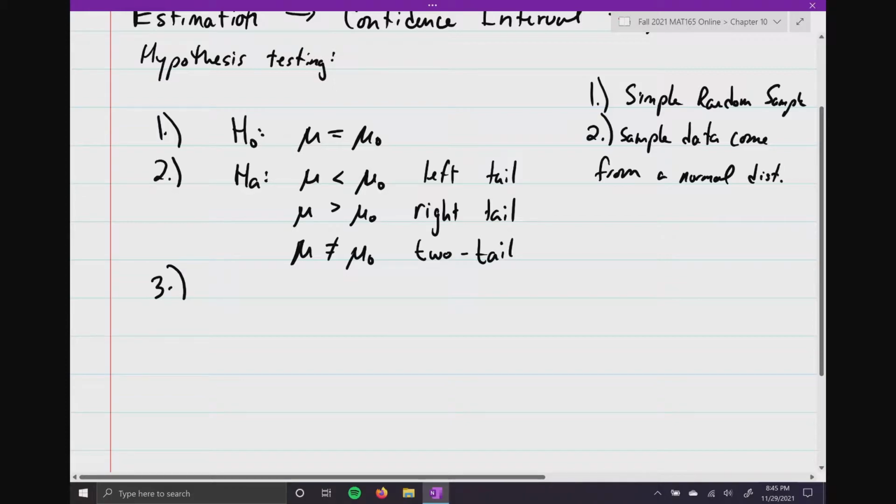And we can verify that using the QQ plot, which we call the probability plot, remember? That was in the previous video.